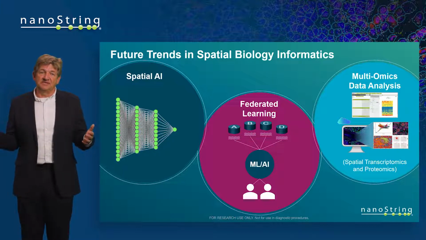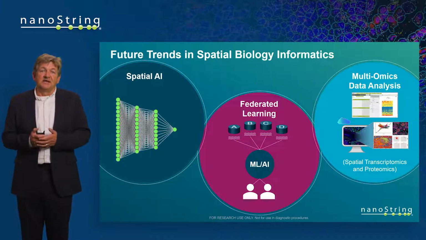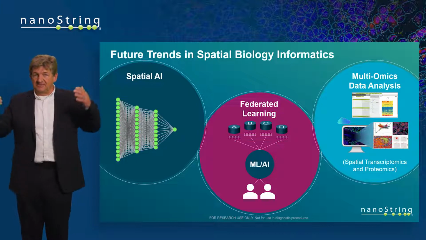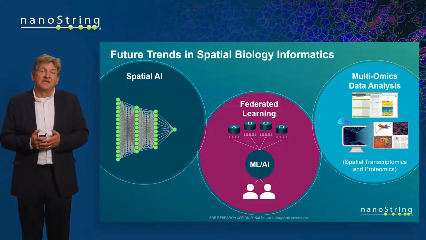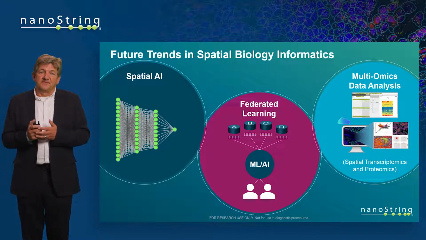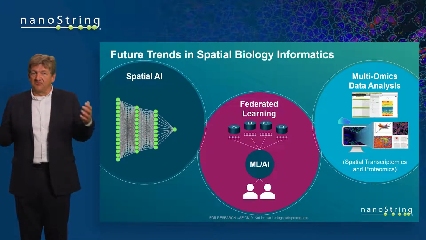You can keep the data in different places. And yes, it's the cloud, but it's different instances of everybody's data. And you only transfer the insights, only transfer the learnings, and then make one machine learning model, which is really based on data from multiple sites without bringing the data together.